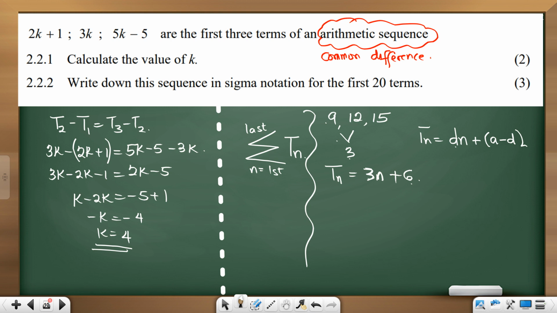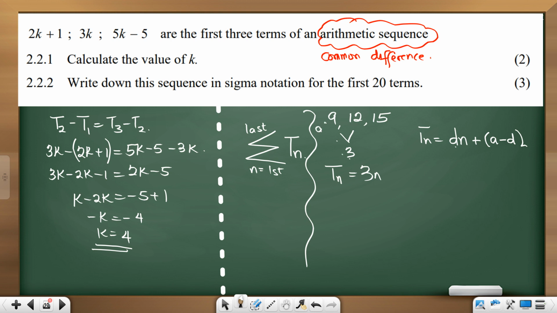But you understand what I did? Check what I did. What's my difference? 3. You get the difference is 3, right? Good. So I'll say 3, that's my difference, n. Now that is a, and this is d.